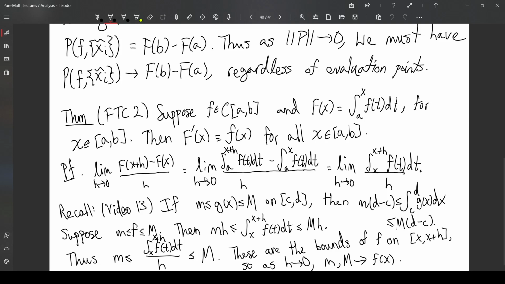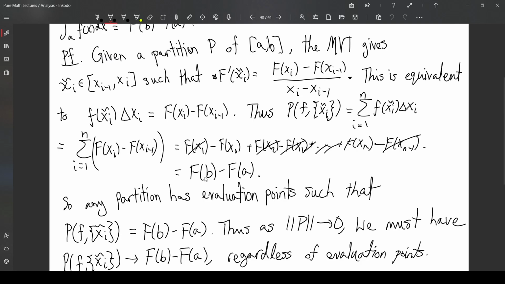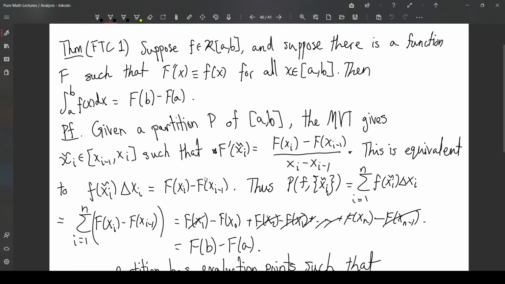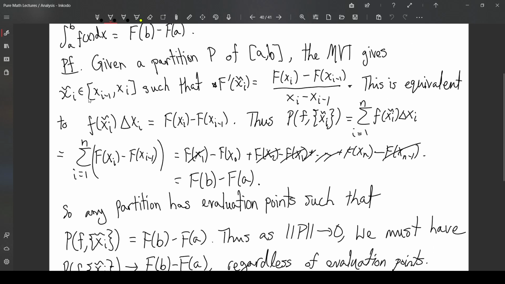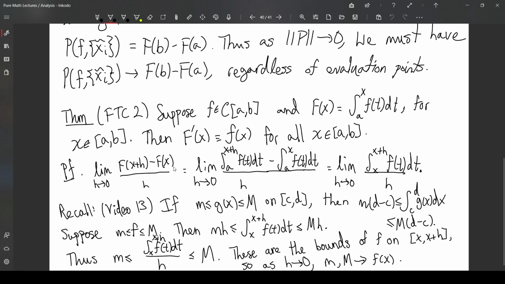You know, it's really cool that both these theorems are connecting the derivative and the integral. And they're telling us two different things. Basically, to integrate the derivative of a function, we just subtract the values of that function. And to take the derivative of an integral, we just get the function that we're integrating.